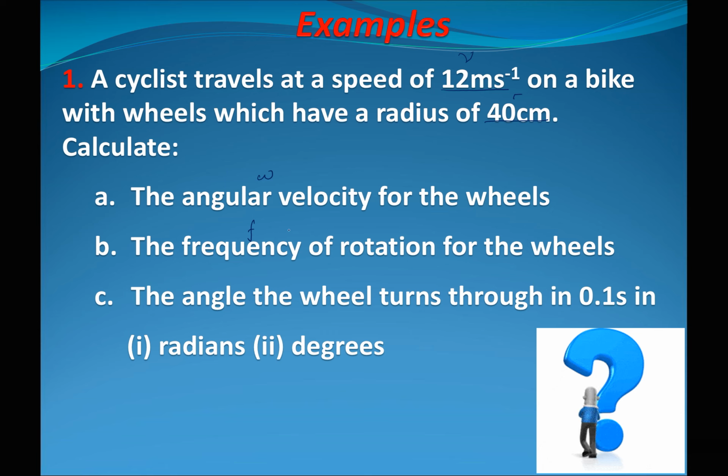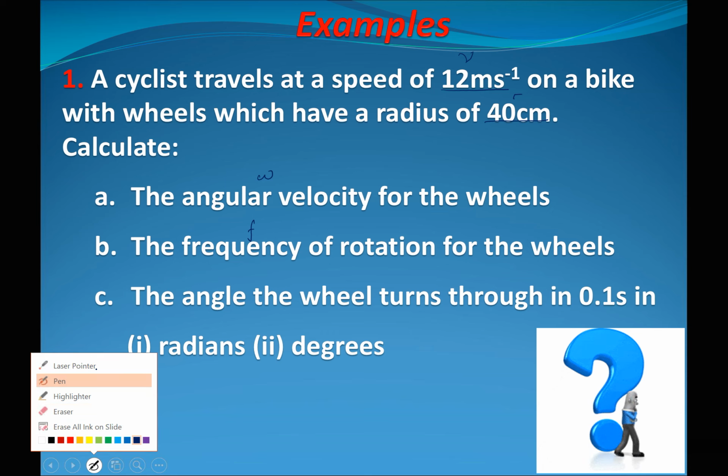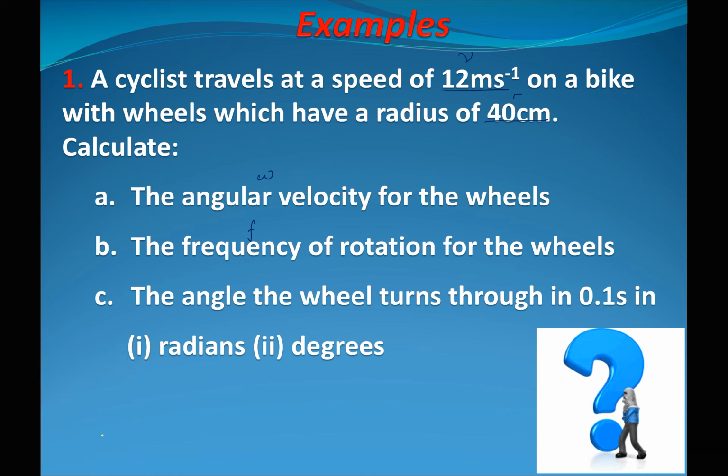So before we do that, I want to have a list of what we have covered in the previous concepts, in the previous lesson, previous slides. So one, we said that angular displacement delta theta is the ratio of the arc length to the radius. We have seen that angular velocity was delta theta by delta t.